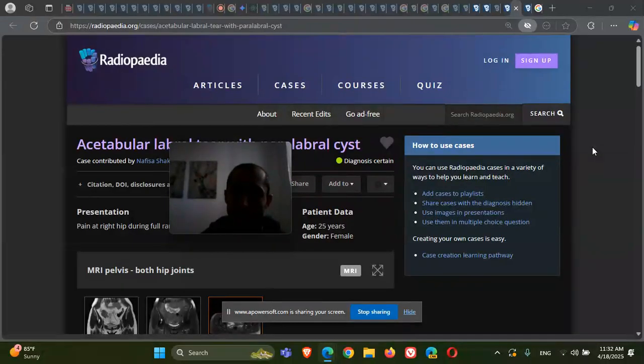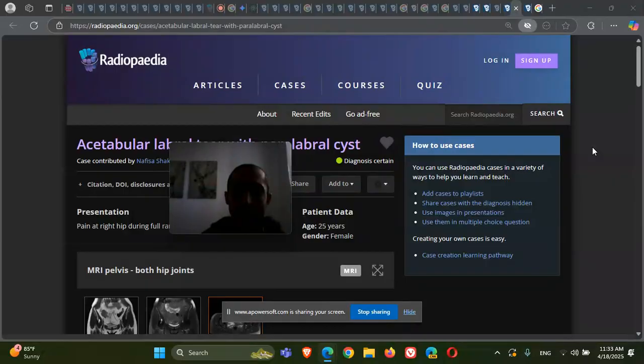We started with the anatomy of the pelvic bone, and then we concentrated on the acetabulum, which constitutes the iliac, ischium, and pubic bone. We talked about the lines, which are important for identifying fractures, and we talked about the muscles around. We talked about the hip joint, which is the joint between the acetabulum and the femoral head.